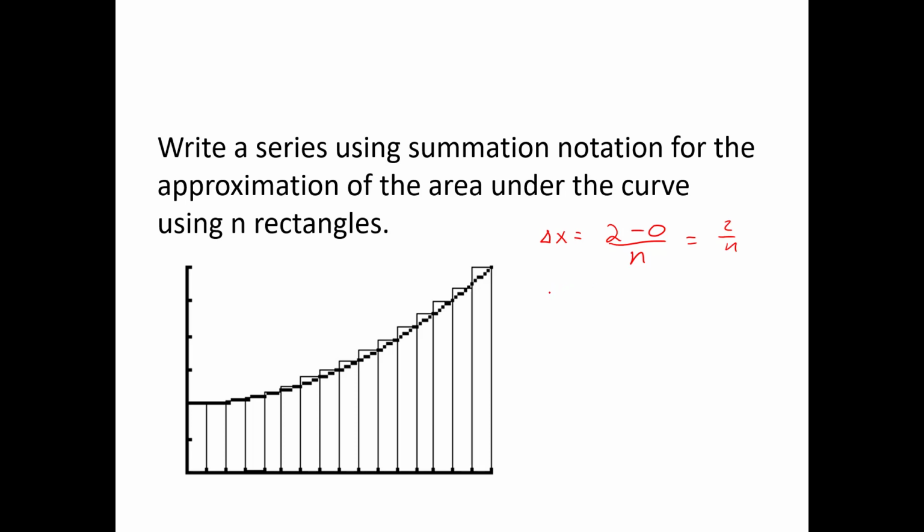And so then my first interval goes from 0 to 2 over n. Then the second interval goes from 2 over n to 4 over n. You're just going up by 2 over n each time. 4 over n plus 2 over n is 6 over n. 6 over n plus 2 over n is 8 over n.